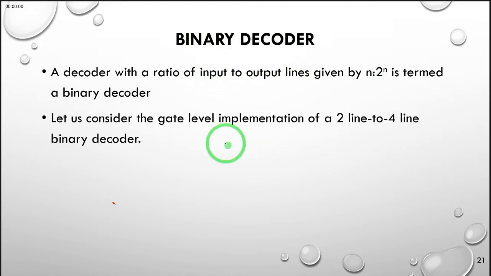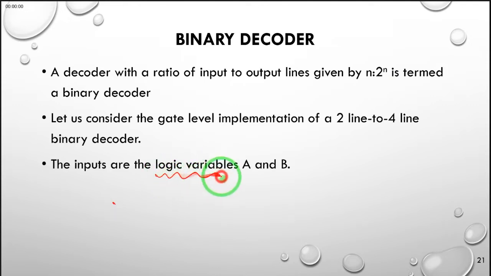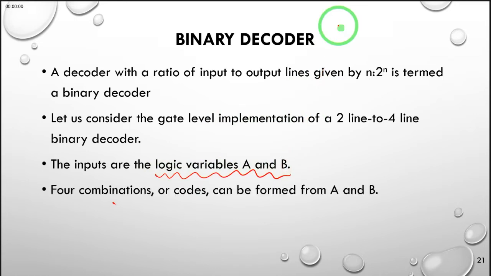Let us now consider the gate level implementation of a 2-line to 4-line binary decoder. Since we have two logic variables A and B, our outputs are going to be the 4 combinations of codes that can be formed by the two variables.